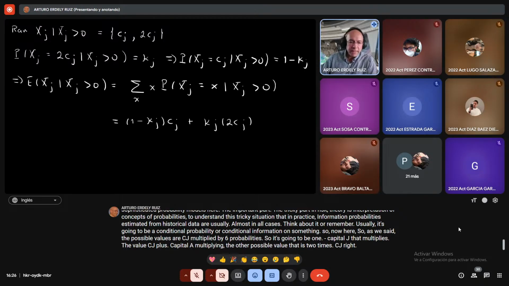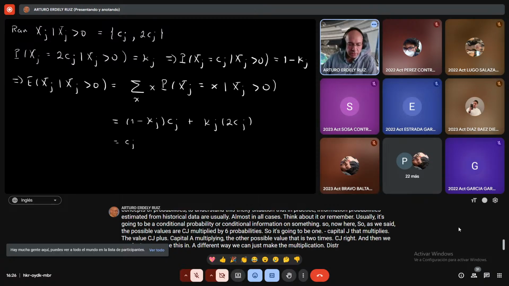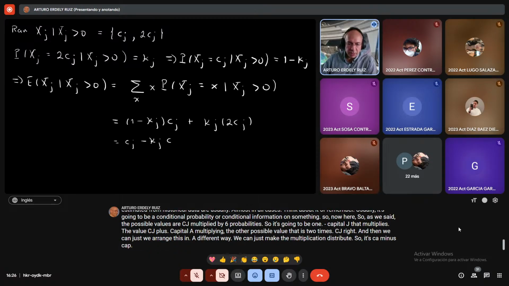And then we can rearrange this in a different way, making the multiplication and distributing. So it's Cj minus kappa j times Cj plus 2 kappa j Cj.